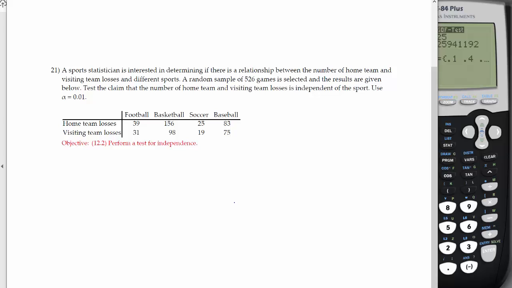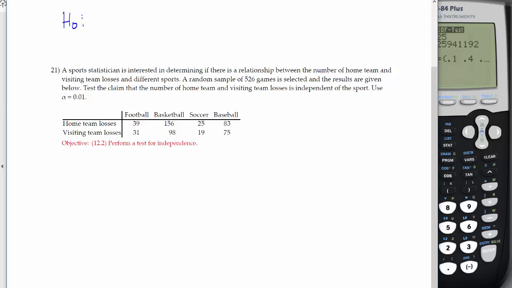And this is what section 12.2 is about. And this is how you state H0 and HA. H0 is always the variables are independent, and H1 the variables are not independent, meaning they are dependent. So what are the variables here?